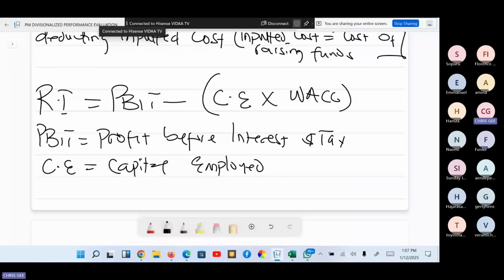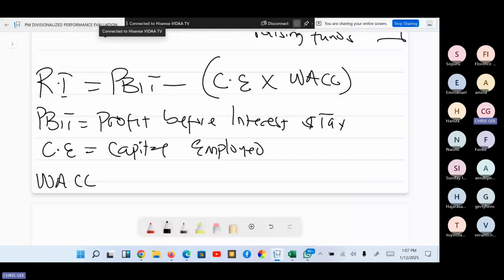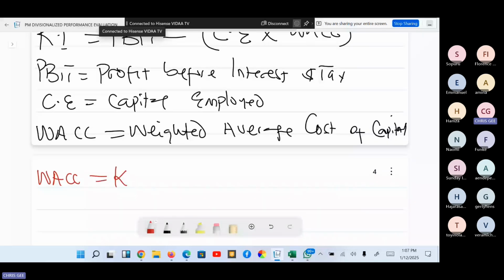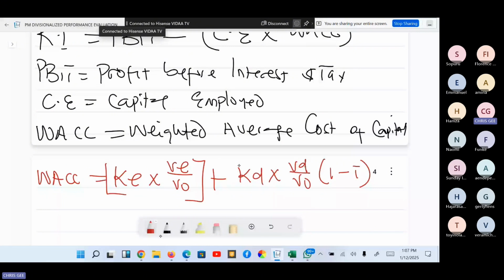Okay. And so you have the weighted average cost of capital. WACC at this level is calculated by multiplying KE by the value of equity over VO, plus KD multiplied by the value of debt over VO, into 1 minus T. No thinking.